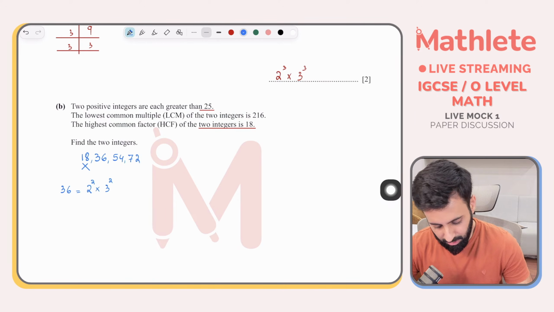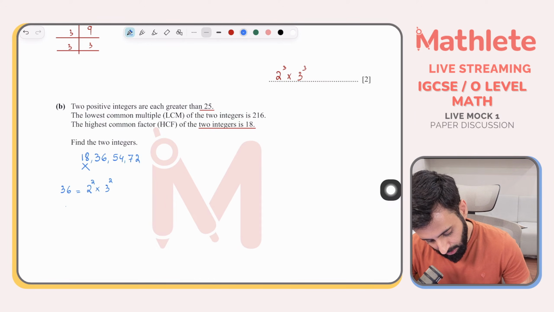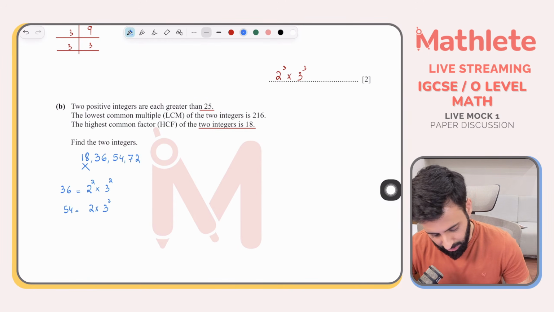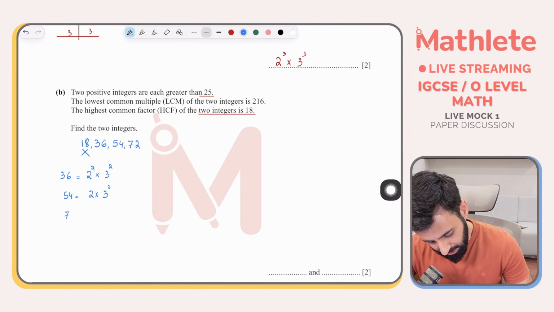Yeah, 4 into 9. 54 can be written as 2 into 3 cube because it's 27 times 2. Then let's write 72. 72 is only 36 times 2, so all you have to do is add one more 2 in the prime factorization of 36. So it becomes 2 cube times 3 square.